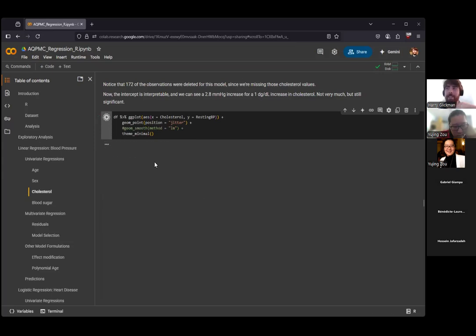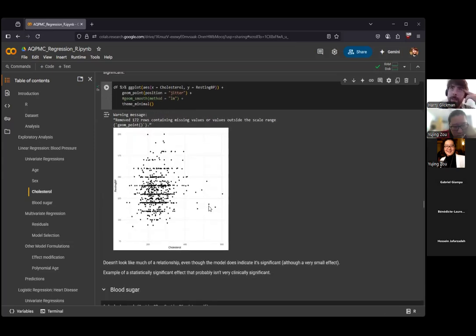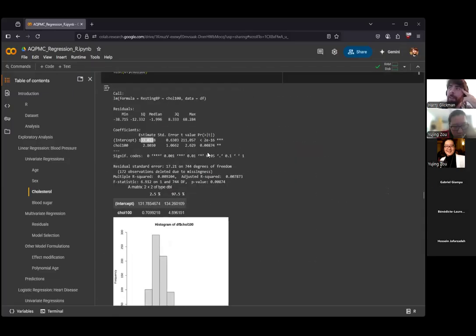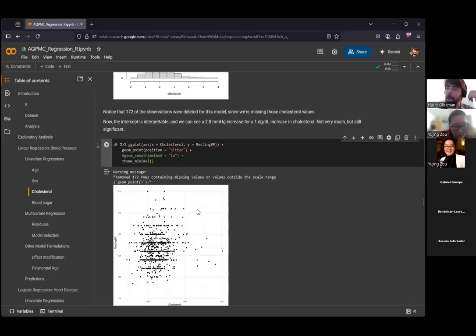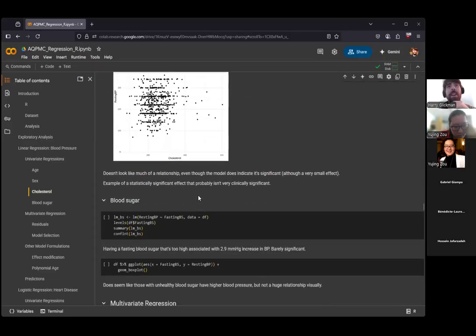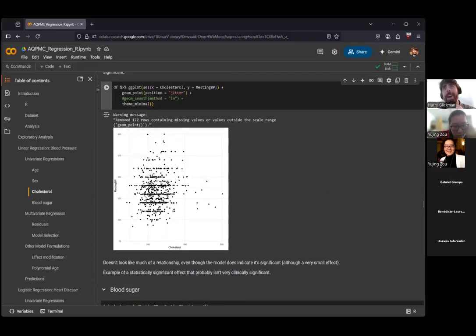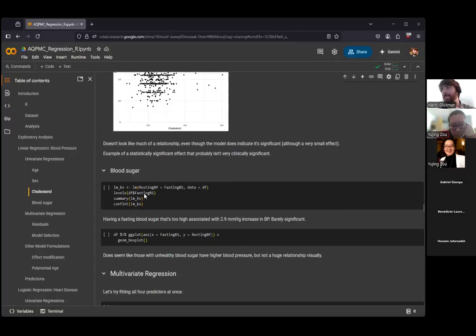But is the relationship really there? Probably not in any meaningful sense, because 3 millimeters of mercury for this huge jump in your cholesterol distribution, probably not important. Again, this doesn't mean it's not going to be important in the multivariate analysis, but in this univariate way, don't trust these numbers or don't think they matter, essentially.